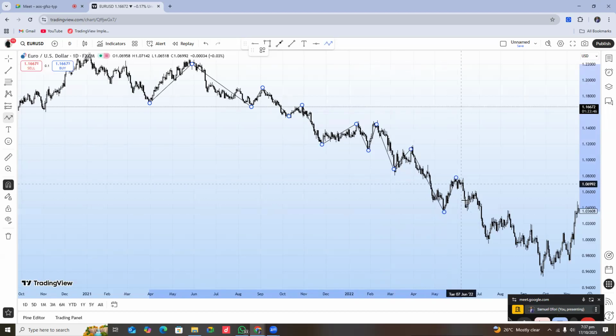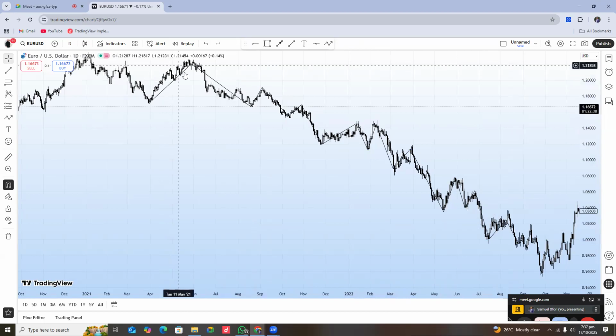I want to believe that we are all on the same page. I'm not talking to myself. So you see that the market is forming lower lows and lower highs. And so this tells us that this is a downtrending market. And in this market, what we do is we sell.